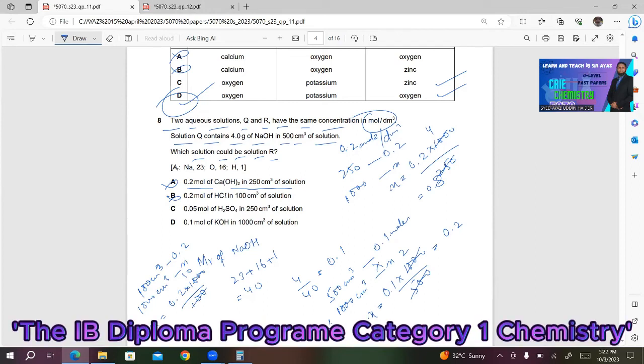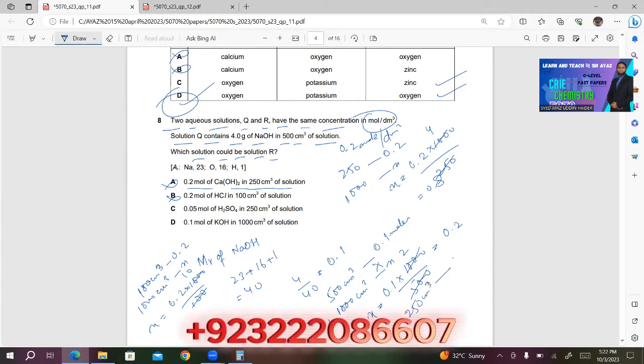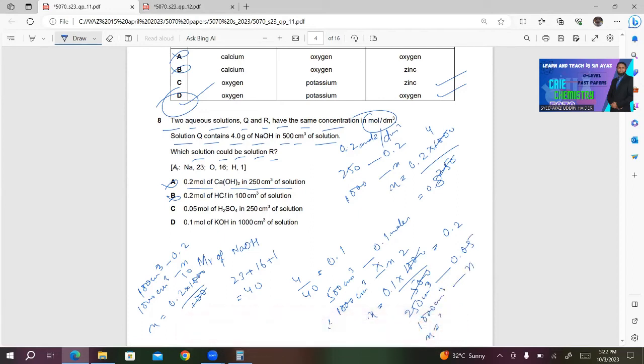0.05 mole of H2SO4 in 250 centimeter cube of solution. So I will write 250 centimeter cube, 0.05 and 1000 centimeter cube. X becomes 0.05 multiplied by 1000 divided by 250, and it will become 4.